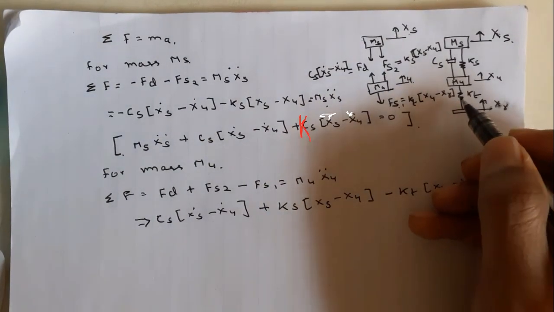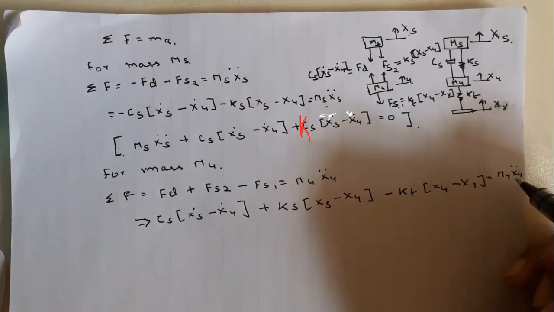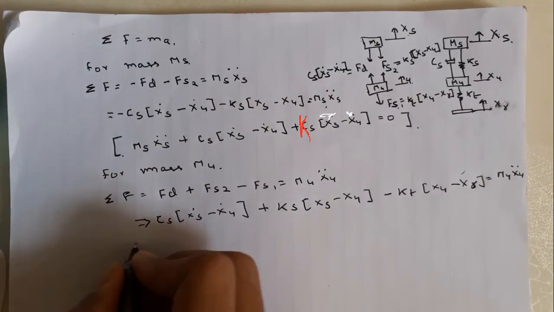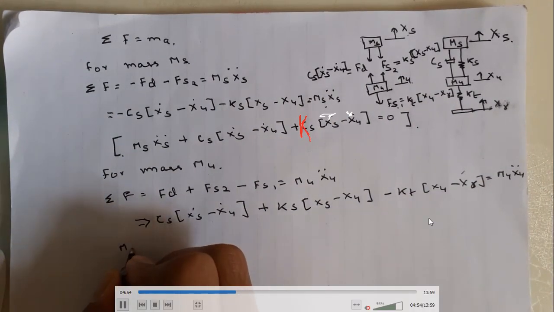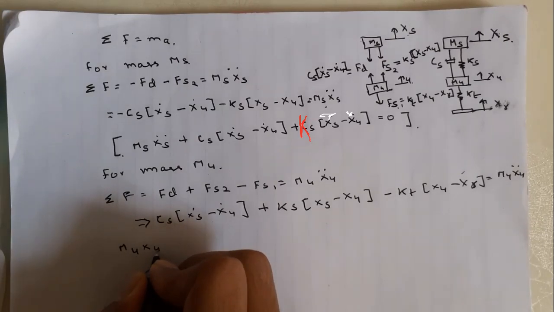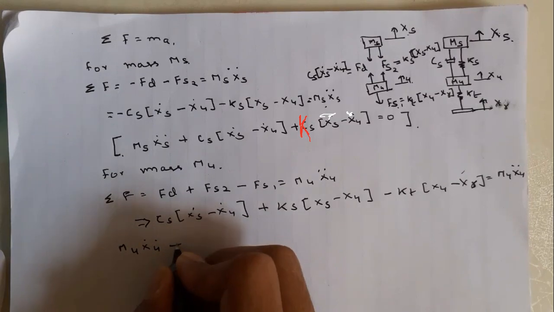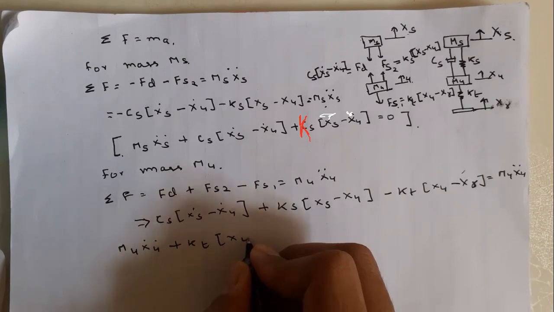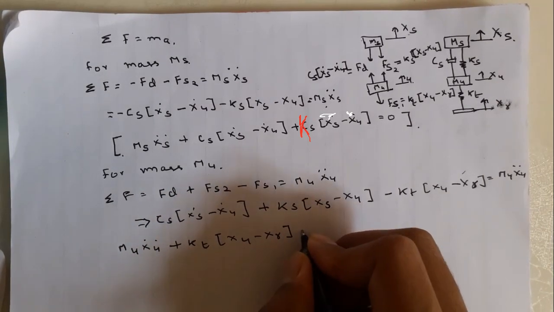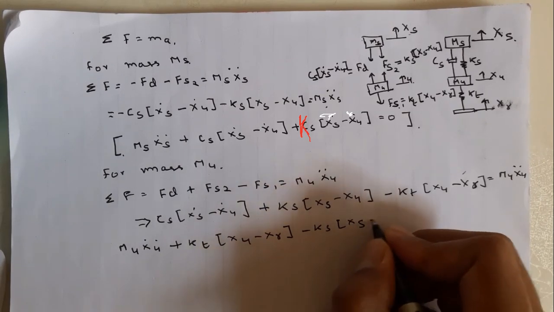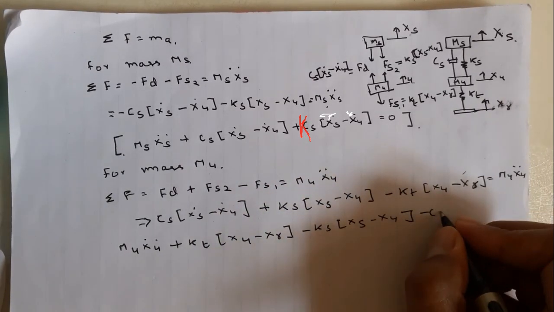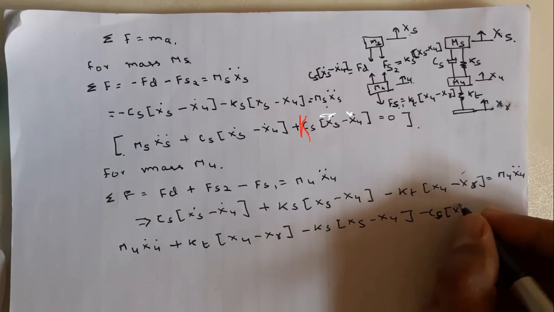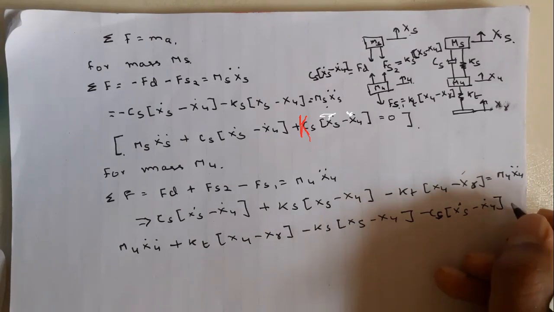Now we will rearrange it accordingly and try to finalize our equation. After this it will be mu xu double dot plus kt into xu minus xr, because when you move to the opposite side it becomes plus, and the ks will be minus ks xu minus xs, minus cs xs dot minus xu dot, equals 0.